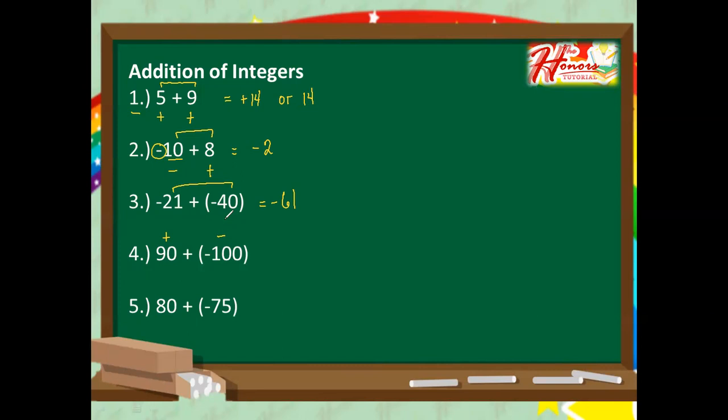So therefore, if we have opposite signs, you have to subtract the numbers. So we have here 90 minus 100, that's 10. And then copy the sign of the larger number. So that is 100. So the sign is negative. So the answer is negative 10.